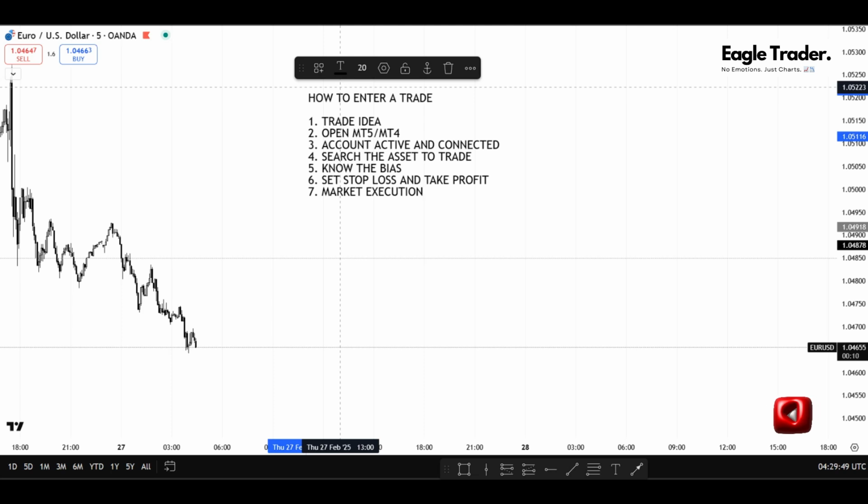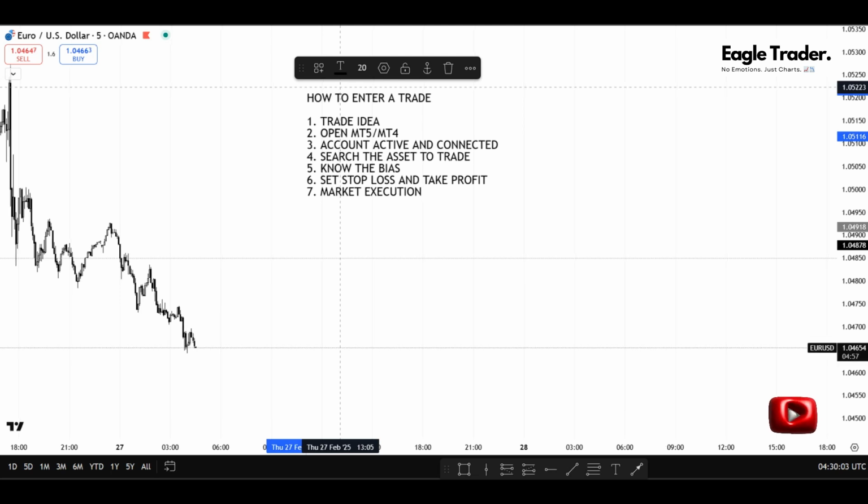And what I'm saying is, if price gets to this point, so for instance, if it's a buy limit, market should buy and my trade should be triggered. If it's a sell limit, you are saying if price gets to this point, market should sell and my trade should be triggered. As simple as that.